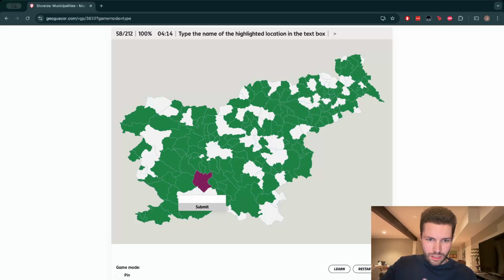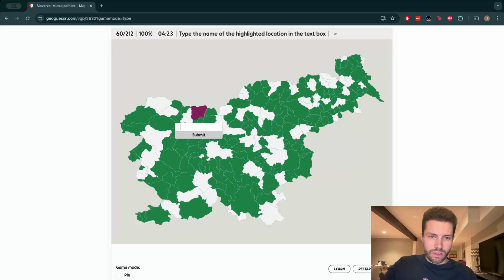This guy is Cerknica. Vihrpelje. Kozina. What is interesting is that I don't associate them with shapes generally. I don't think the shape of this one looks like this other thing, which is something that Zigzag does when I was learning subdivisions with him.